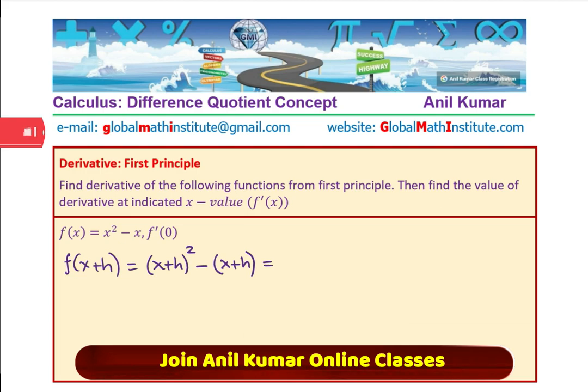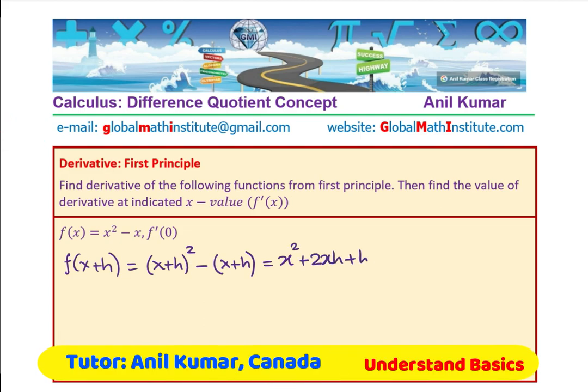So x plus h whole square will be x square plus 2xh plus h square. And here we have minus x minus h. Let's simplify it further, which you cannot, because x square, all these are different terms. So we'll leave it right there. Now f of x is already given to us.